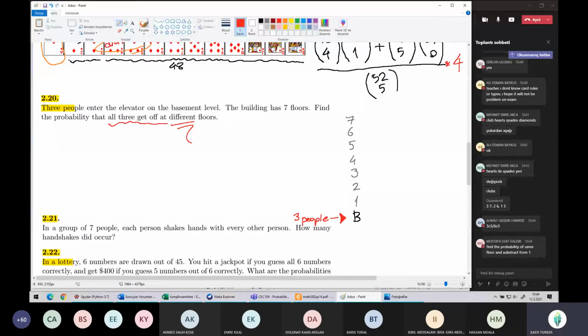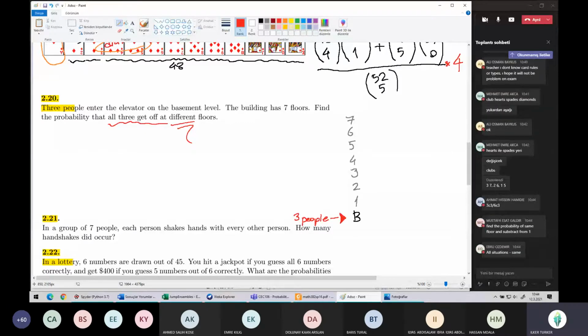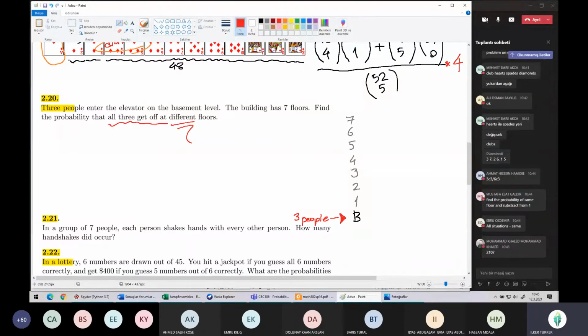That's also possible, Mustafa. Find the probability of the same floor, but we should subtract all of them exiting on the same floor, or two of them exiting, combinations of two of them exiting on the same floor, and so on. It is difficult.